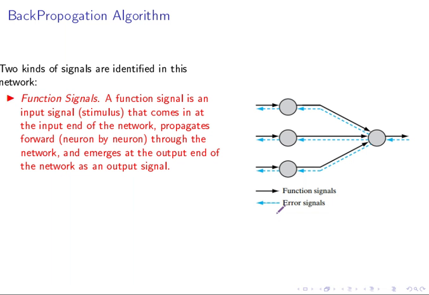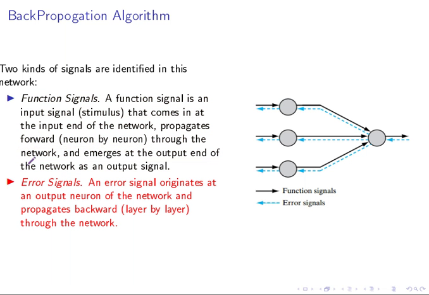To understand the backpropagation algorithm, we have to understand that in an ANN there are two distinguishable signals. One is called the functional signal. A functional signal is an input signal, a stimulus that comes in at the input end of the network and propagates forward neuron by neuron through the network, and emerges at the output end as an output signal. The other signal is the error signal.